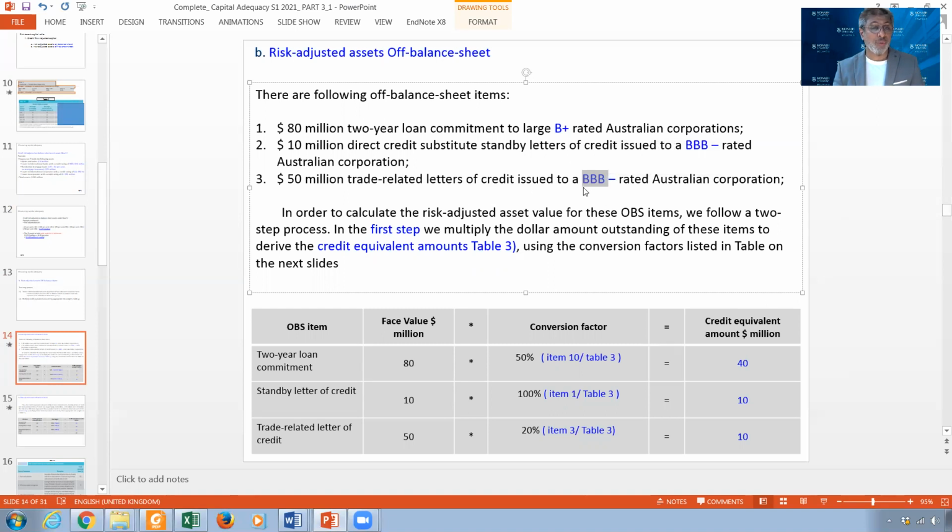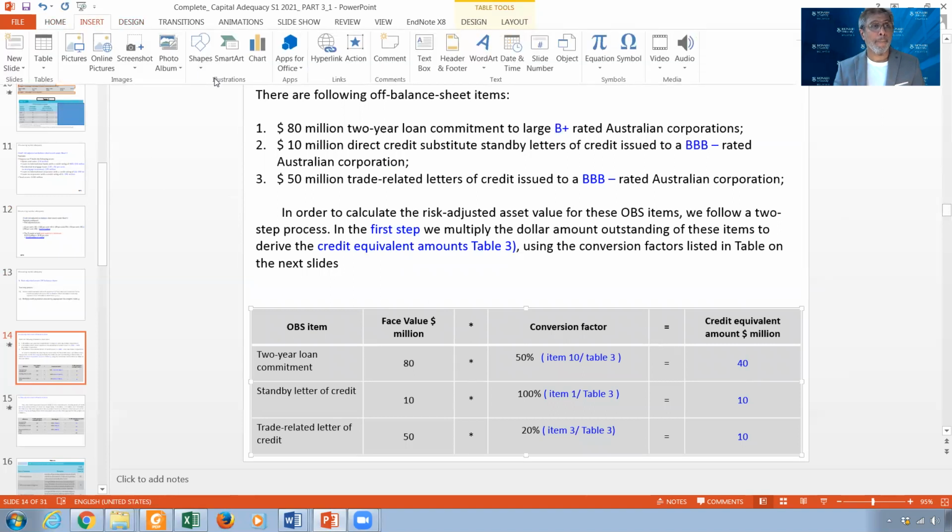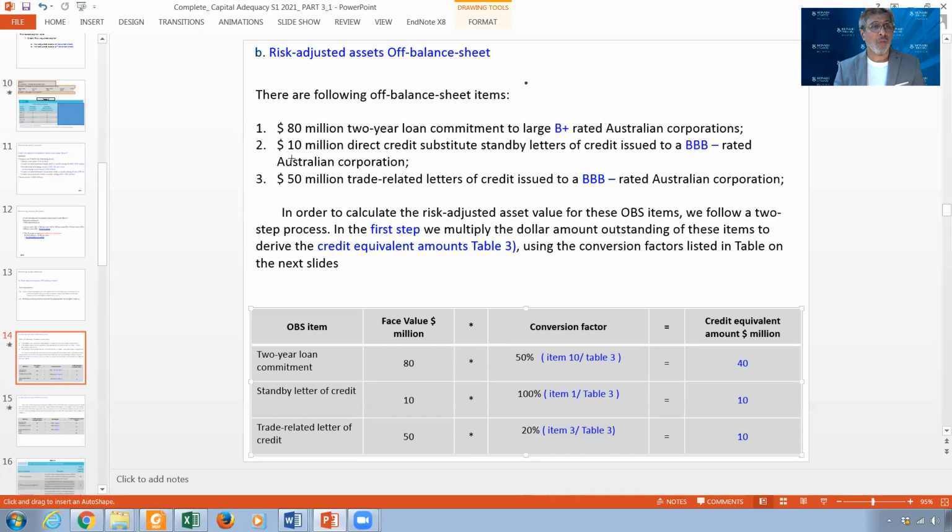Now, in order to do this, we have first to bring the 80 million, the 10 million, the 50 million. Then I have to get the conversion factor, which means I have to go to table 3 and 4. Look, for example, for this item, it's a 2-year commitment.